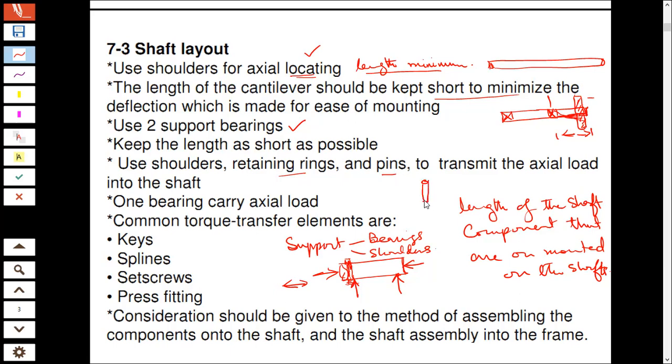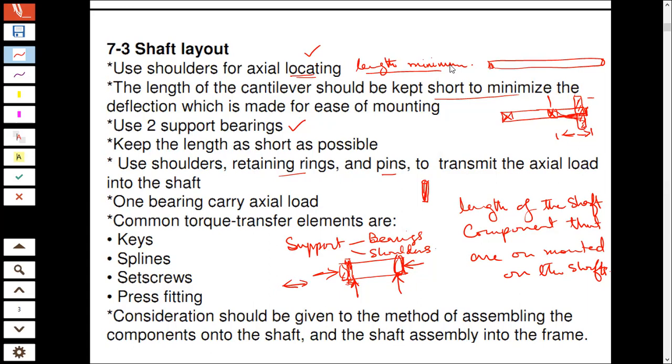A pin is just a circular short rod like this. You can use that for retaining the position of the shaft. And there are retaining rings that you mount on the shaft over here and put in a groove, in such a way that the shaft does not move in that direction.